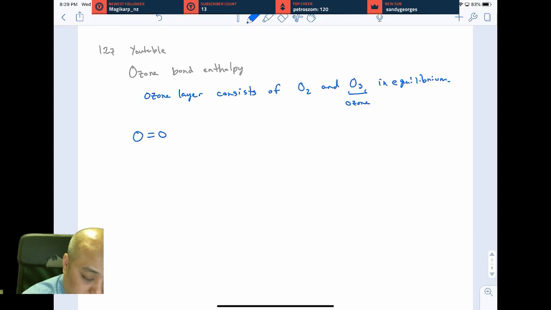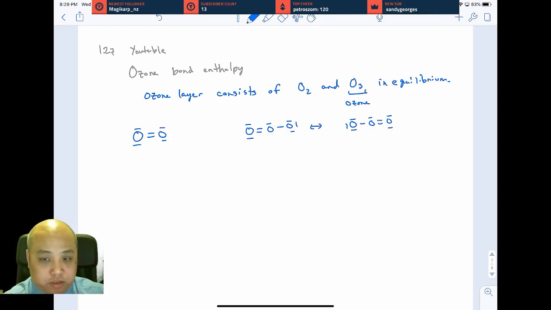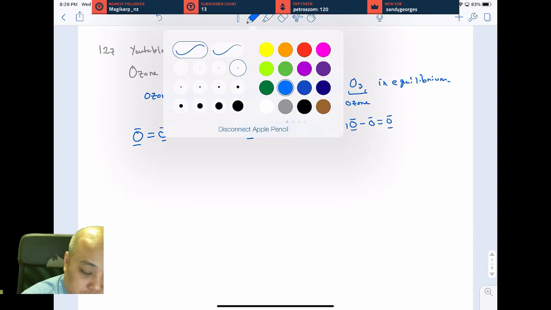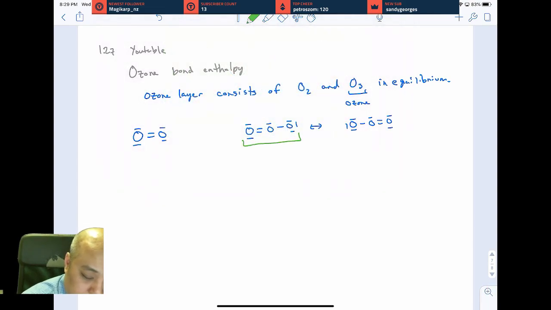Now, oxygen looks like this with the double bond. Ozone has resonance, so the double bond flips back and forth between these two. What it turns out is that the bond energy, the bond enthalpy, is different, because it's about 1.5 bonds versus 2 bonds.